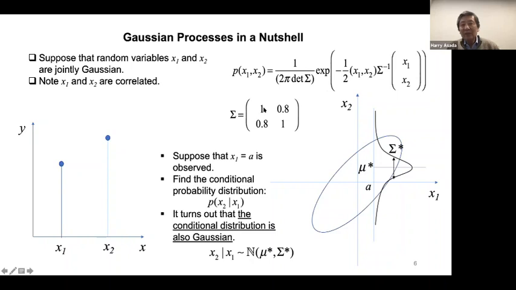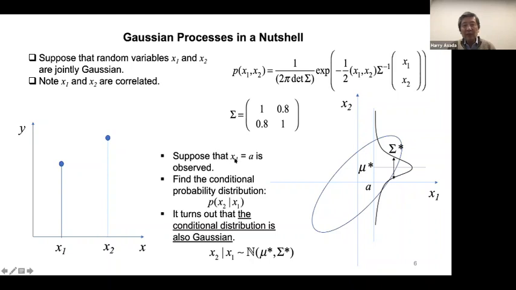If sigma takes these values, the cross correlation between x1 and x2 is 0.8. In this case, the ellipse associated with this normal two-variate Gaussian distribution can be represented like this, right?